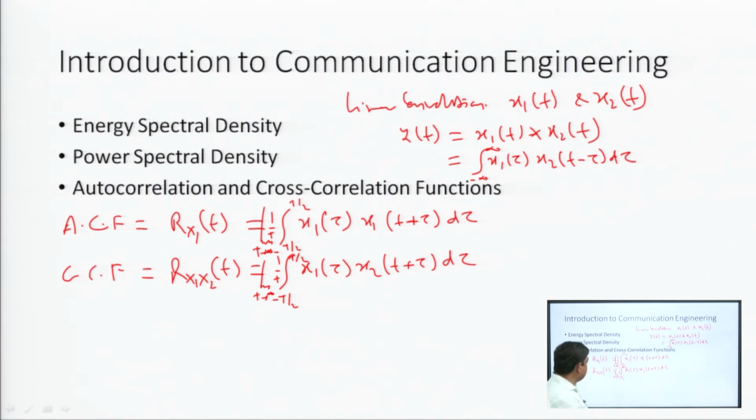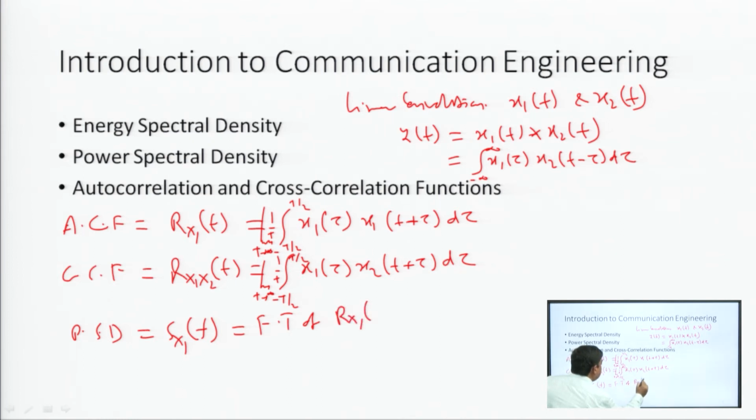Okay. And this autocorrelation function is related to the power spectral density. The PSD, that is Sx(f), for the x1 signal is nothing but the Fourier transform of Rx1(t). If you calculate the Fourier transform of this, you will get the power spectral density.